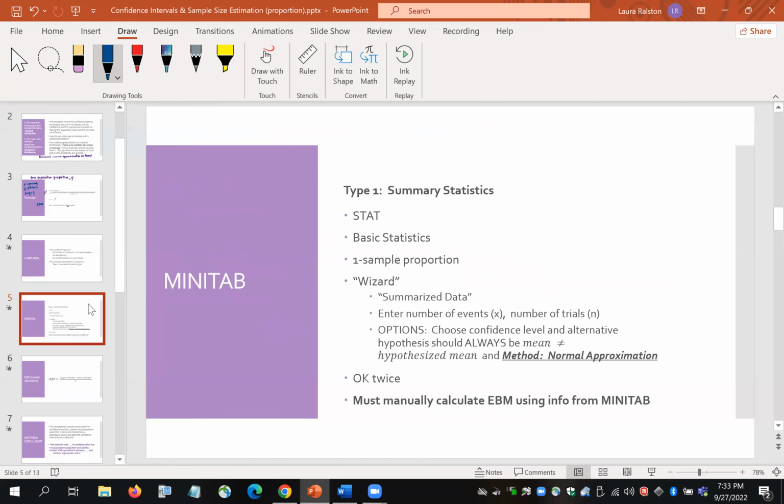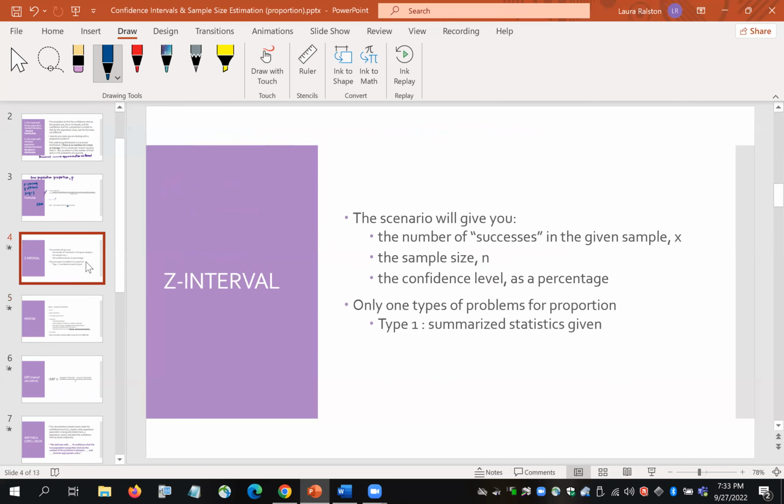On slide 5, I have the Minitab instructions. And in these problems, you're given the number of successes, which is X. Minitab refers to that as the number of events.